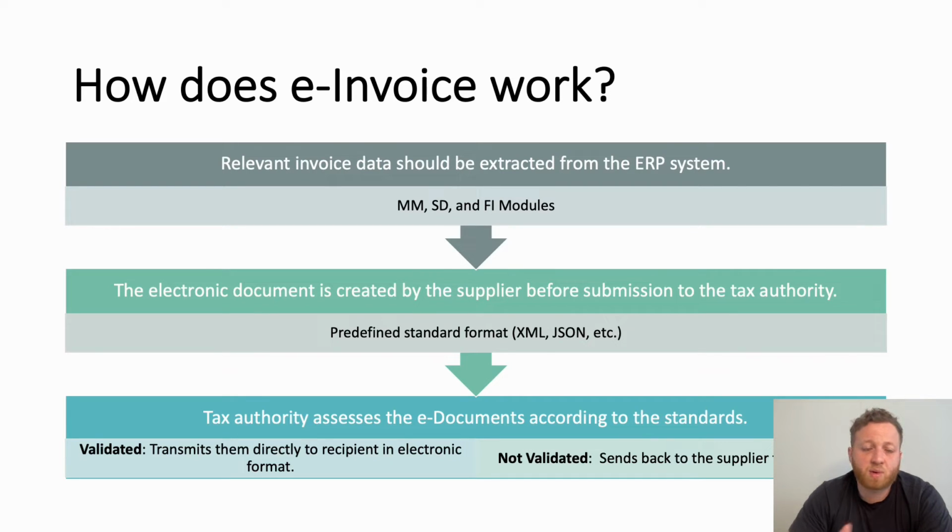Depending on the country, this can be a predefined format, whether it's XML, JSON, etc. This is then sent to the tax authority, which assesses the e-document according to the standards set by them. The document can either be validated or not validated, and if it's not validated, it'll be sent back to the supplier, or if it is validated, it will be sent forward to the receiver.